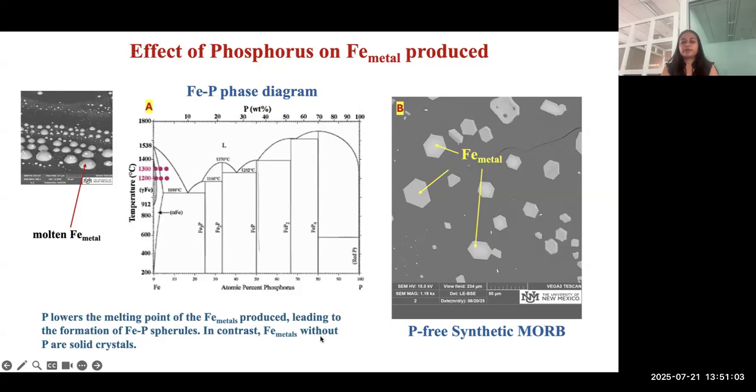Therefore, the key takeaway is that phosphorus is partitioning with iron and lowering the melting point of pure iron metals, leading to iron phosphide spherules. In contrast, without phosphorus, iron metal would be crystals, just like this. Okay, any questions from this slide?